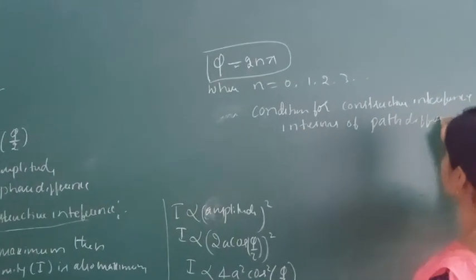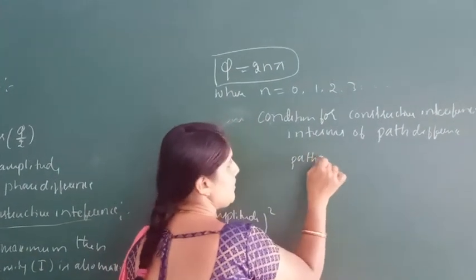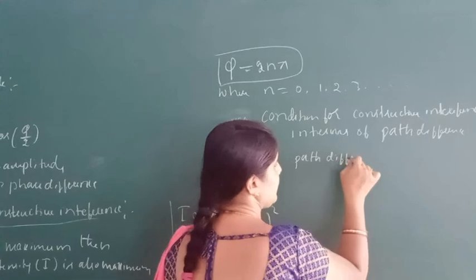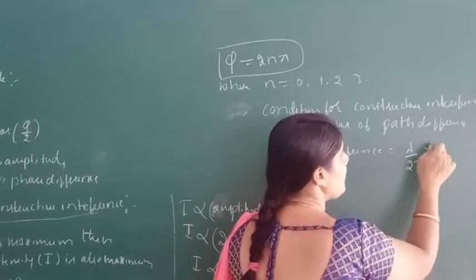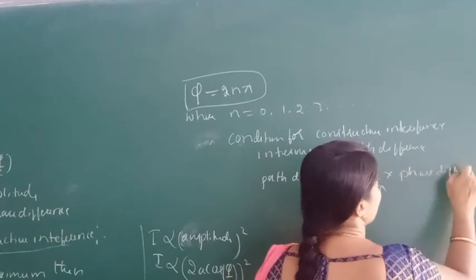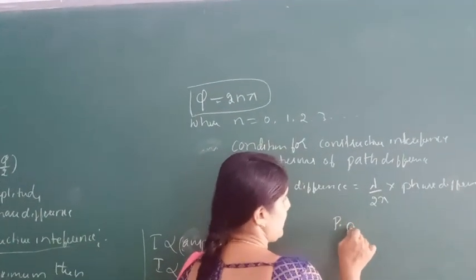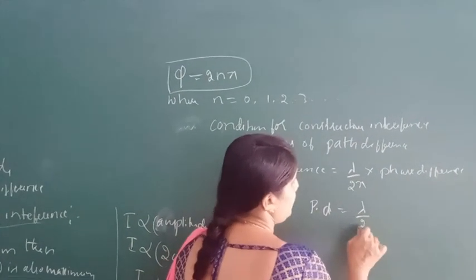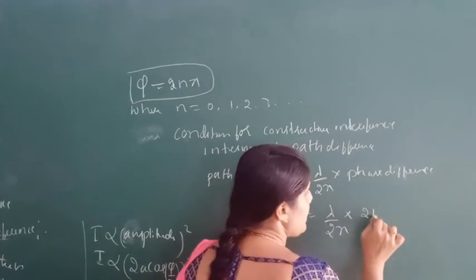So we know that path difference is equal to lambda by 2 pi times of phase difference. So this path difference, lambda by 2 pi into phase difference, can be written as 2n pi.